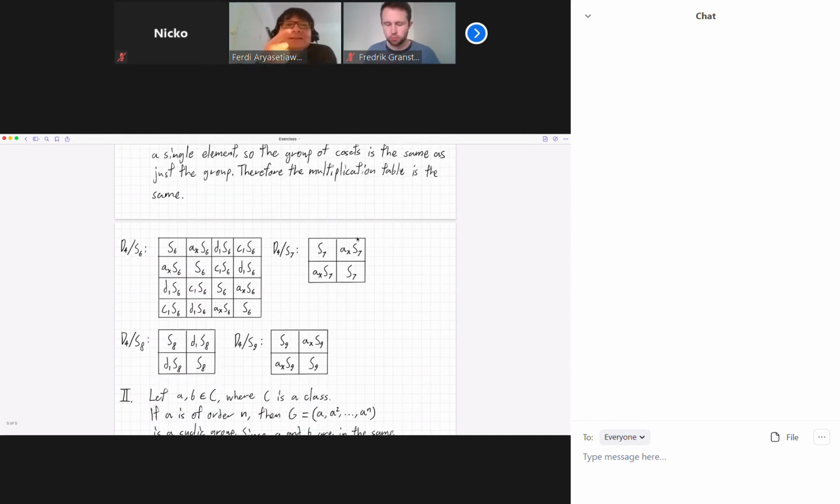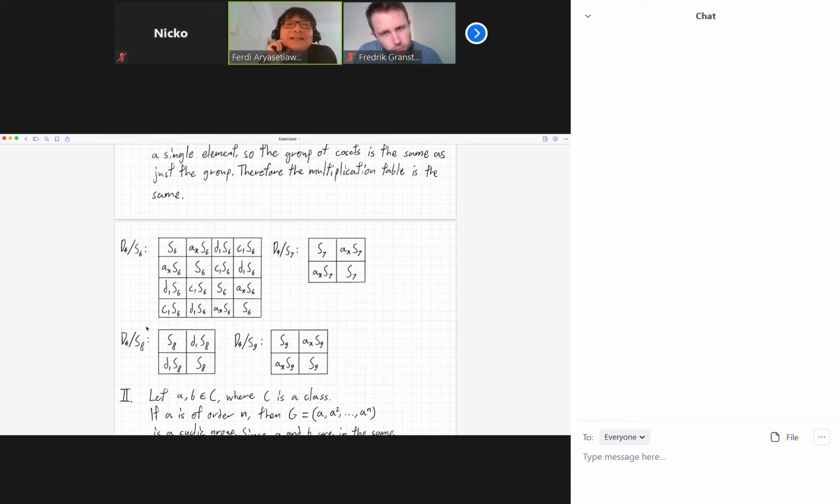Yes. The others become pretty simple. So actually, if you look at the multiplication table of the factor group, you see that it is diagonal. It's diagonal, right? Yes. So that suggests what? That it's abelian.